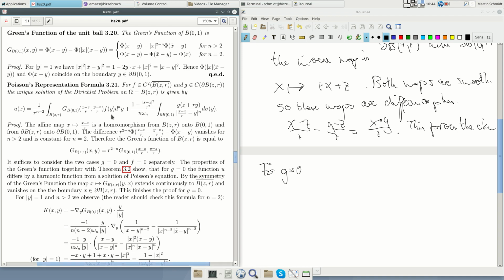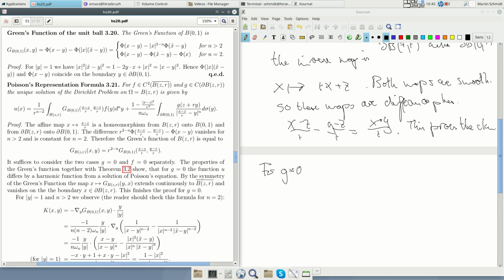Now first, for g equals 0, we remember in theorem 3.2 we observed that if we write in the representation formula the function phi instead of the Green's function, then we obtain a solution of Poisson's equation. But this function differs from the function phi just by a harmonic function.